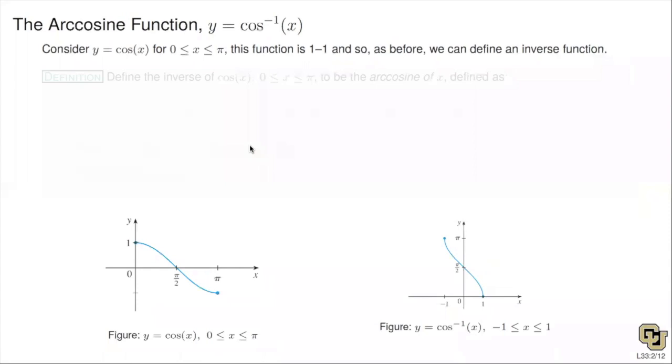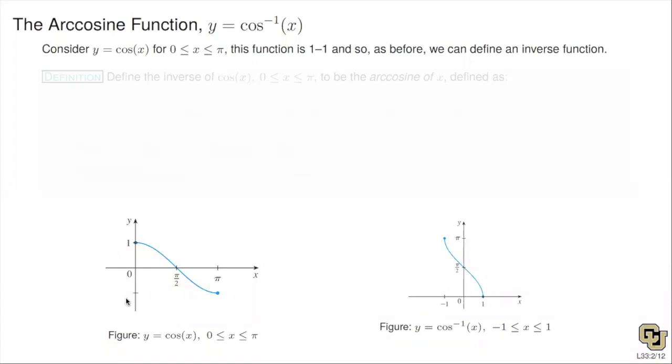So we do the same trick basically with the cosine function now. Instead of restricting it from -π/2 to π/2, cosine wouldn't be 1-to-1 from -π/2 to π/2, right? Because of its shape. But if we restrict it from 0 to pi, then this thing passes the horizontal line test. It's 1-to-1.